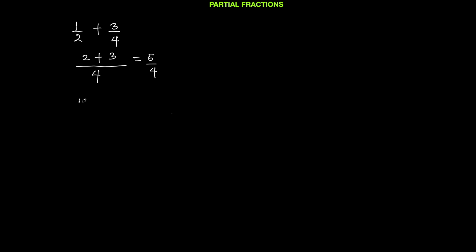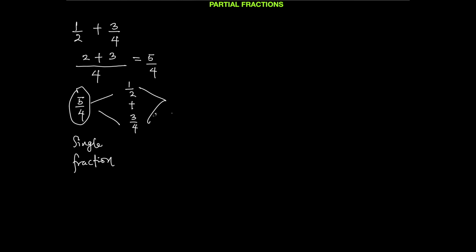Now, the 5/4 that we have here was the result of summing up 1/2 and 3/4. We can refer to the 5/4 as a single fraction, and the 1/2 and 3/4 that we summed up as smaller, or simpler, fractions.